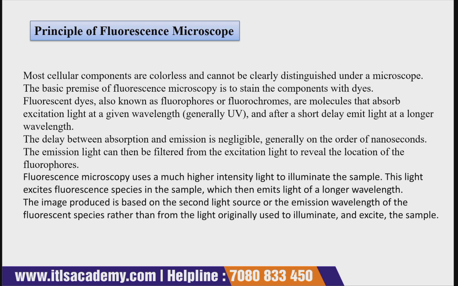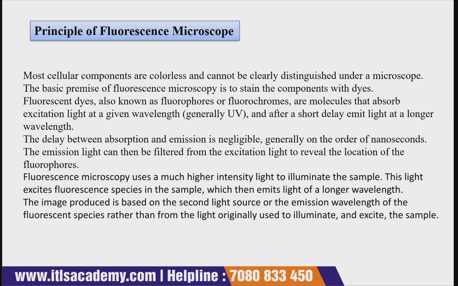This type of microscopy uses a much higher intensity of light to illuminate the sample, and this light excites the fluorescent species in the sample, which then emit light of a longer wavelength.